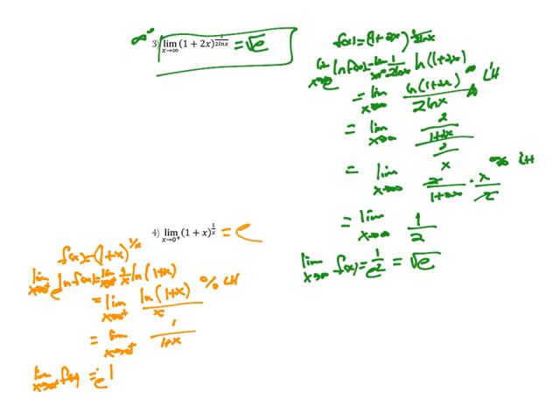One last example. How about x to the 1 over 1 minus x? If I plug in 1, I get 1 to the something getting very, very small, so that would be 1 to the infinity. So I define my function to be x to the 1 over 1 minus x.